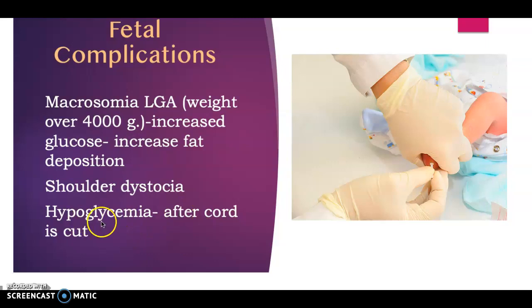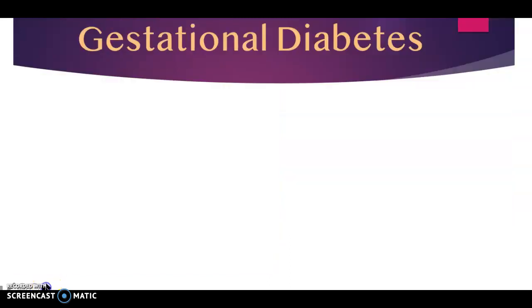So what happens with these babies is they become hypoglycemic fairly quickly, and then they have sugar instabilities for a while. So they go to the NICU, and we're giving them IV sugars, and we are monitoring their blood sugar pretty regularly, pretty closely.